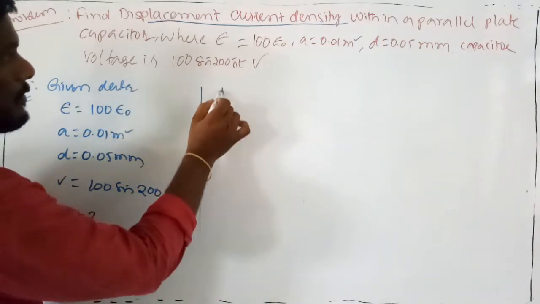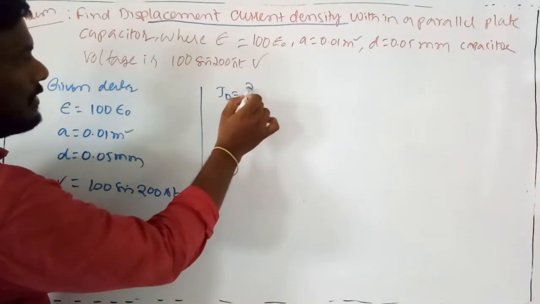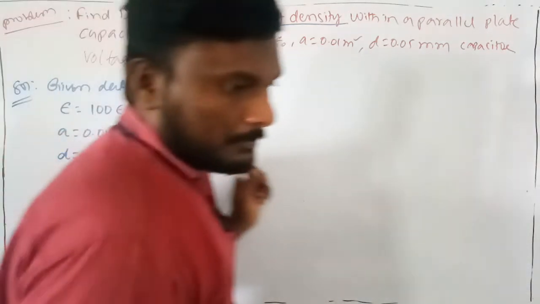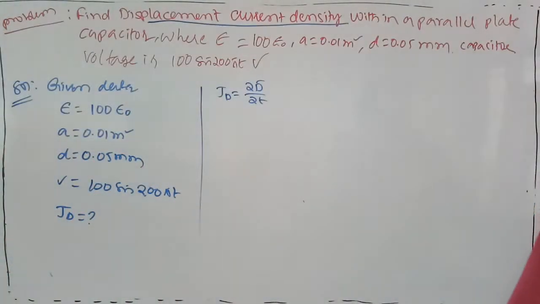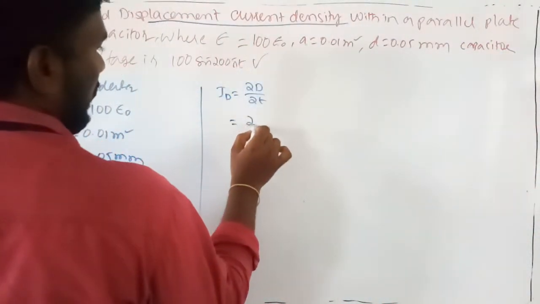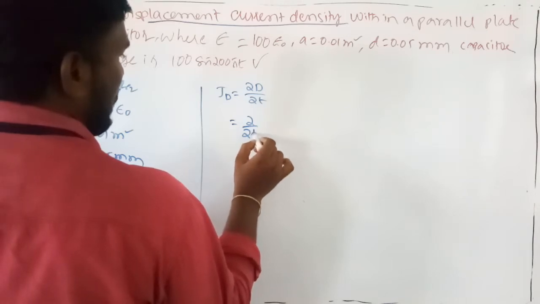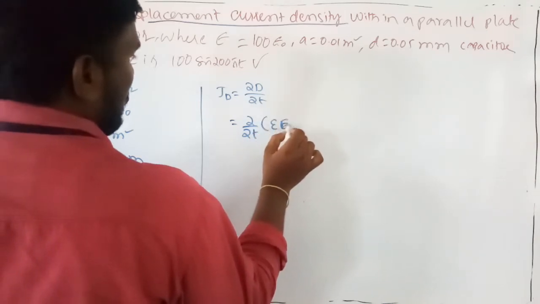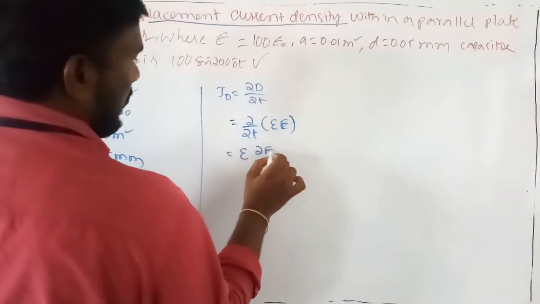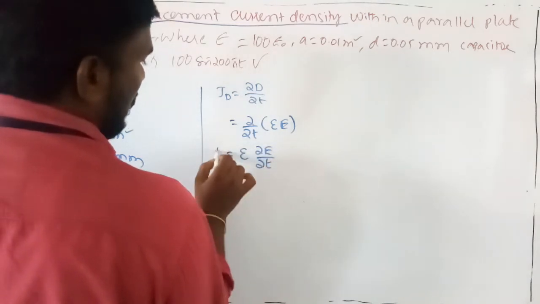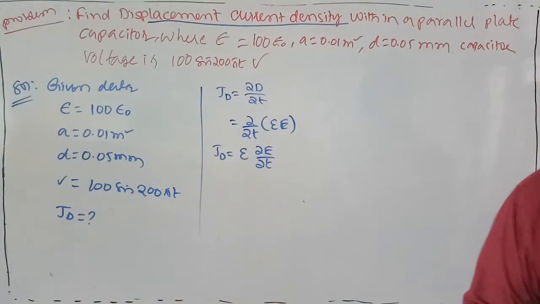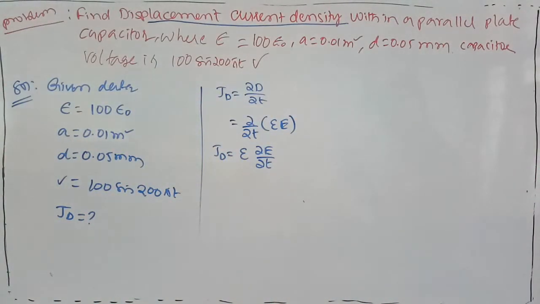Know the formula for displacement current density. What is displacement current density? J_d is ∂D by ∂t. What is D here? Electric flux density. Electric flux density in terms of electric field intensity is epsilon E. So epsilon is a constant, so epsilon ∂E/∂t is J_d. Okay. Now, what is E in terms of V and d?